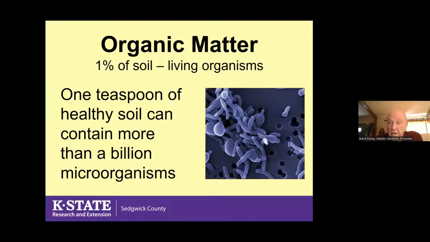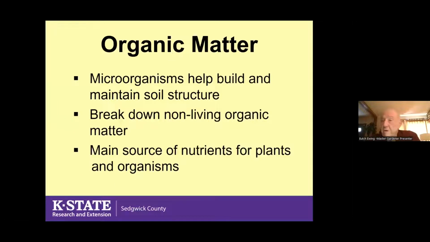Now that's a lot of critters, but it's a good thing. Those microorganisms are what helps to build and maintain our soil structure. They also break down all that non-living organic matter that provides the nutrients for both our plants and for the organisms.